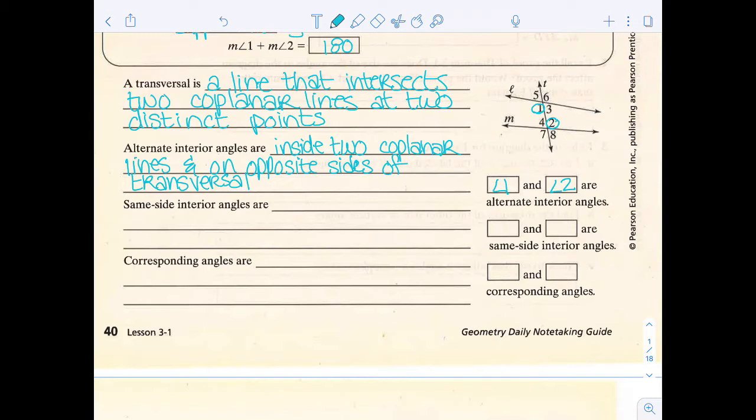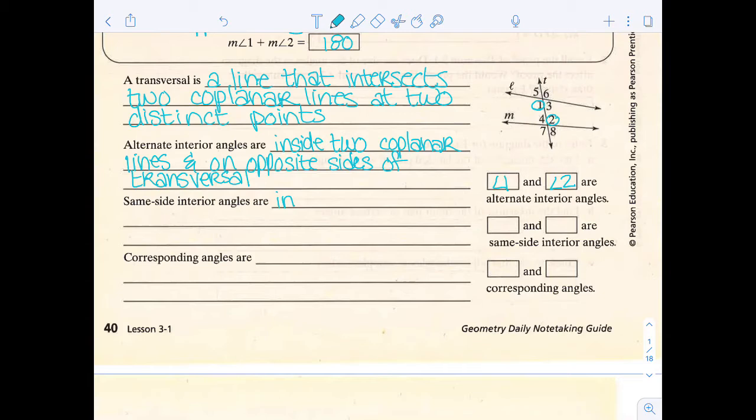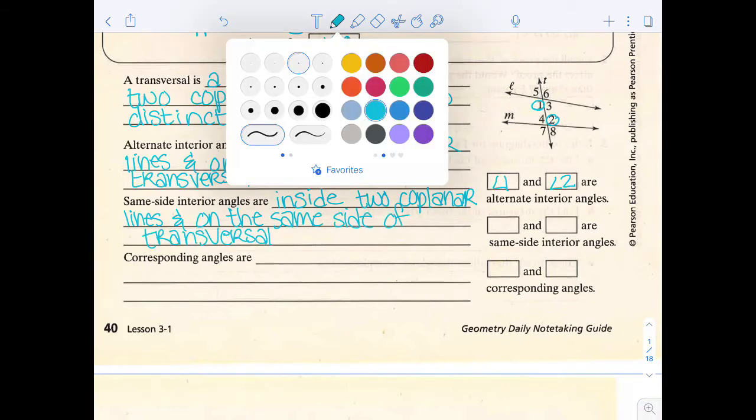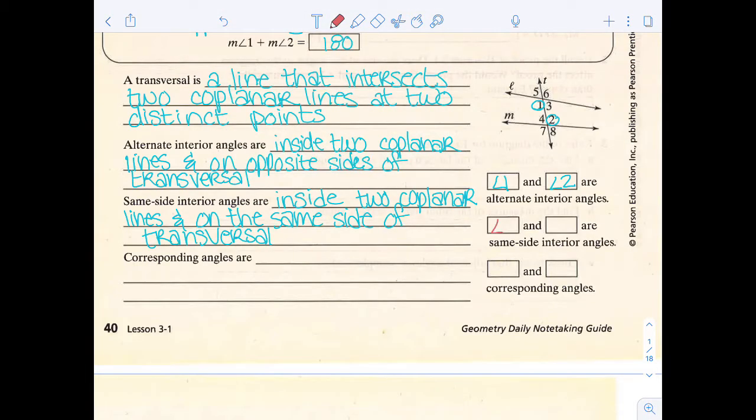Same side interior angles are inside the two lines, inside two coplanar lines, and they're on the same side of the transversal. So if we stick with angle 1, angle 4 is also inside the lines and on the same side as angle 1. So that would be the same side interior angles.